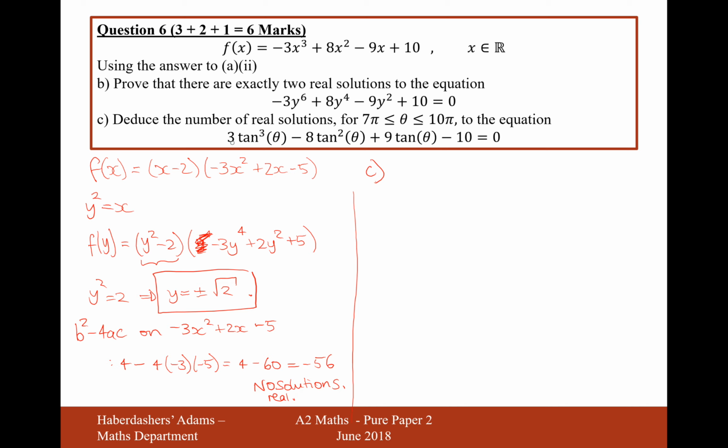So with an equation like this, we can always move things onto the other side. So the equation 3 tan cubed theta minus 8 tan squared theta plus 9 tan theta minus 10 equals 0, if we now just add or subtract everything onto the other side, is equivalent to the equation minus 3 tan cubed plus 8 tan squared minus 9 tan theta plus 10.